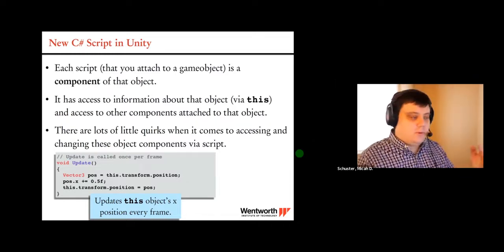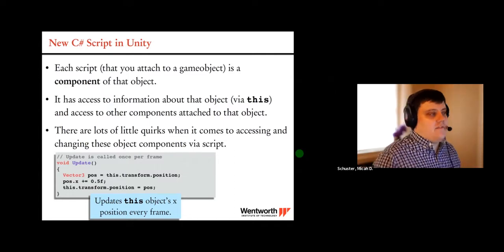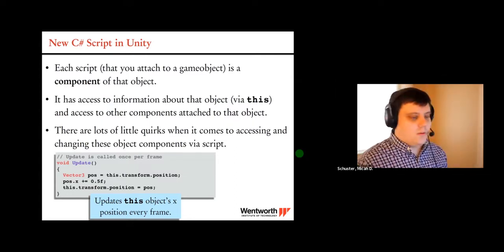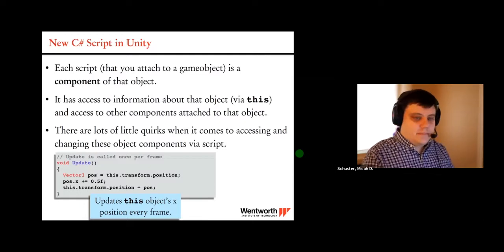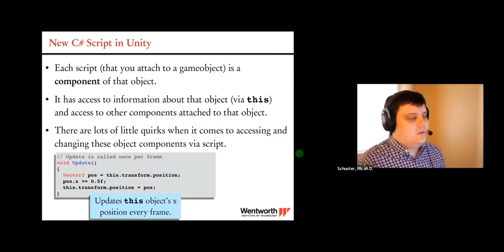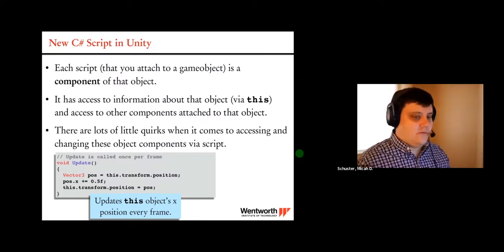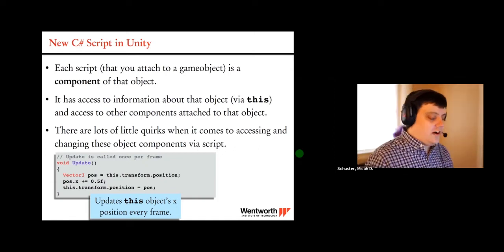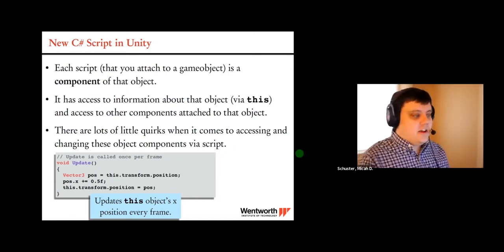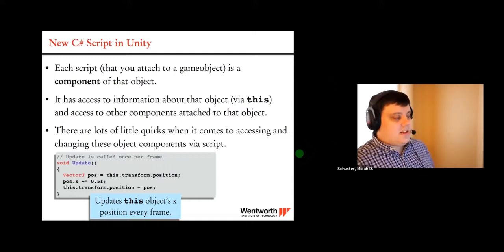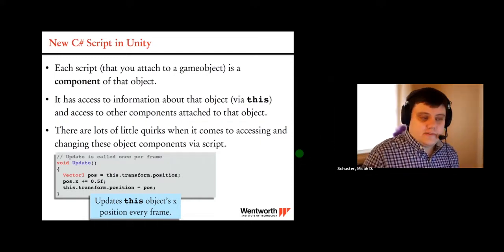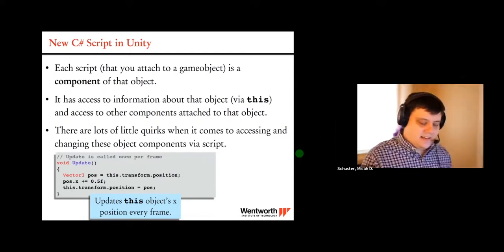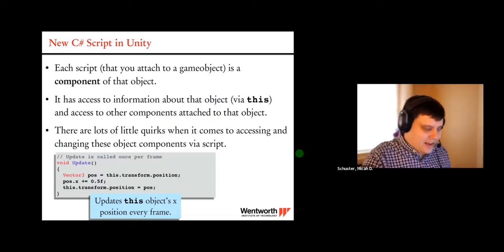So if you have multiple components, say your script that you added on, a transform, which is automatic, a rigidbody, and another script that you added to a game object, you can access all of those. So if you need to call functions or access data, you can do so on a single game object.